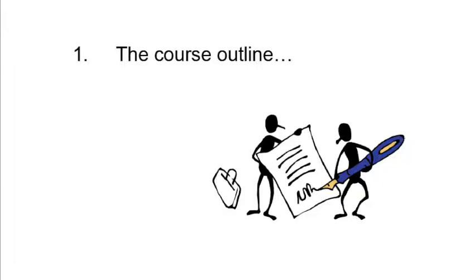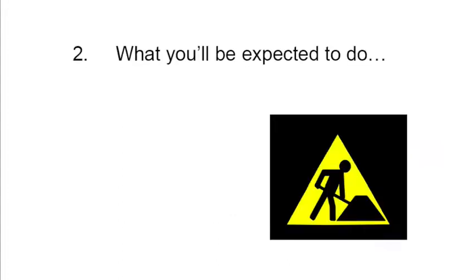So I'll take you first of all through the actual document and show you where you can download it on Blackboard. Secondly, I'll go through parts of the course outline which explain to you the work that you're going to be expected to complete during the course of taking each course. I'll also show you where you can find details about how you're going to be assessed.